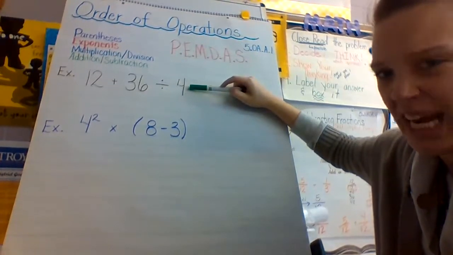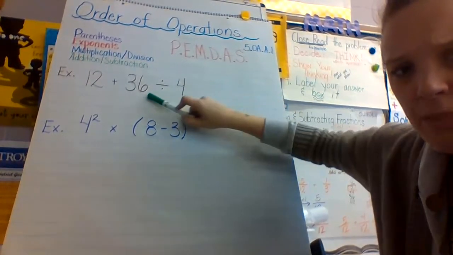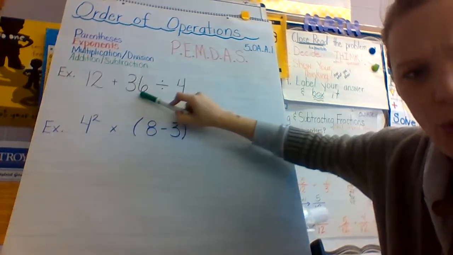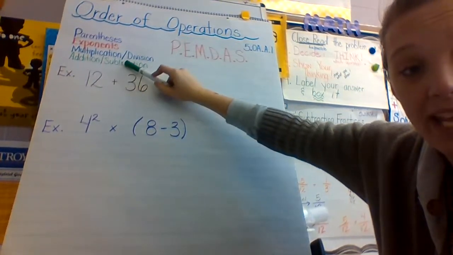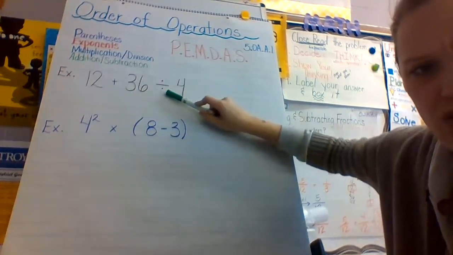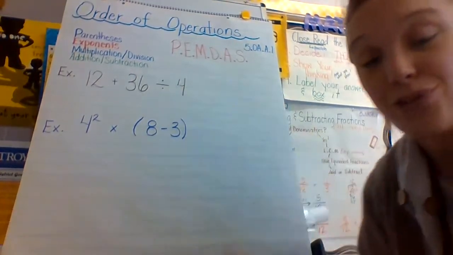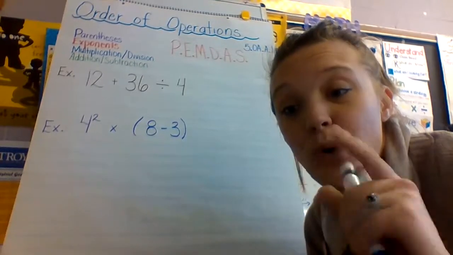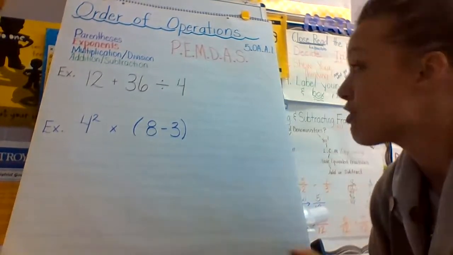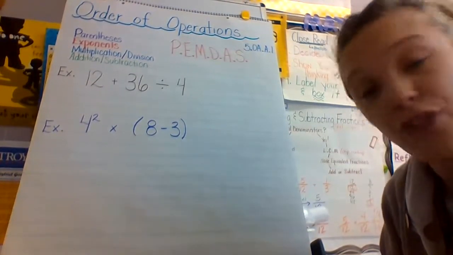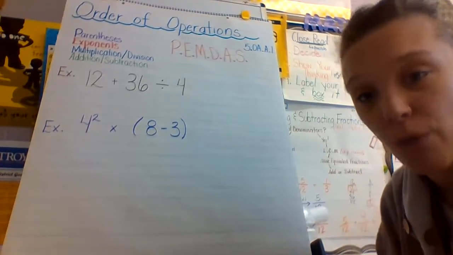Parentheses. I don't see any parentheses. Exponents. I see no exponents. Multiplication. No, there's no multiplication here. Division, yes, I see division. So that means division is the operation you're going to do first. So I'm first going to divide 36 divided by 4.